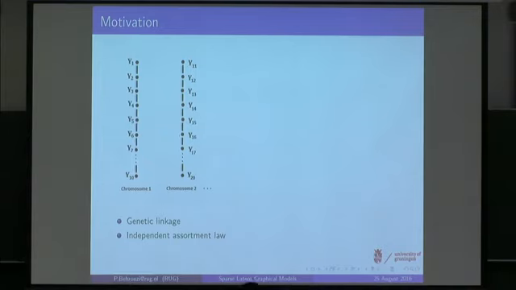But we have a law in genetics called the inheritance law, or independent assortment law, which says that markers in different chromosomes should segregate independently.